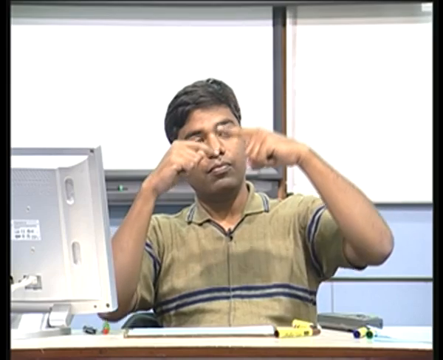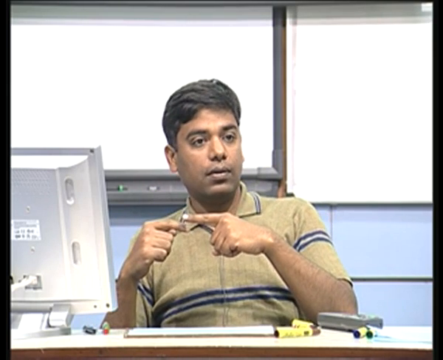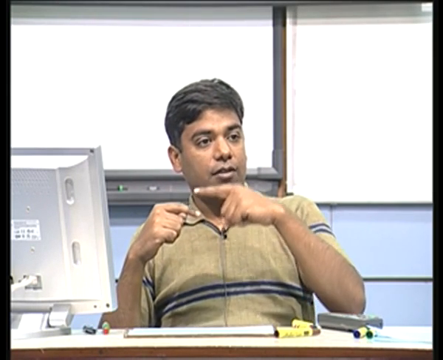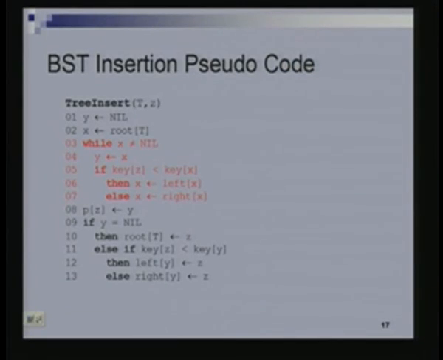These 2 pointers will keep moving down, such that y will always be the parent of x. Initially y is null, x is the root. Then y takes the value x and x goes to either the left or the right child of x. And we keep doing this till x becomes null. When x becomes null, y is pointing to the right node.